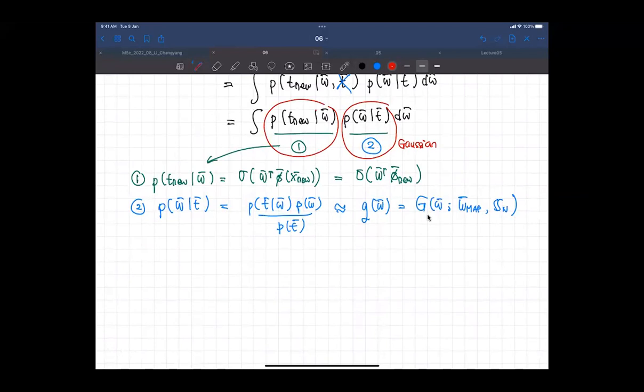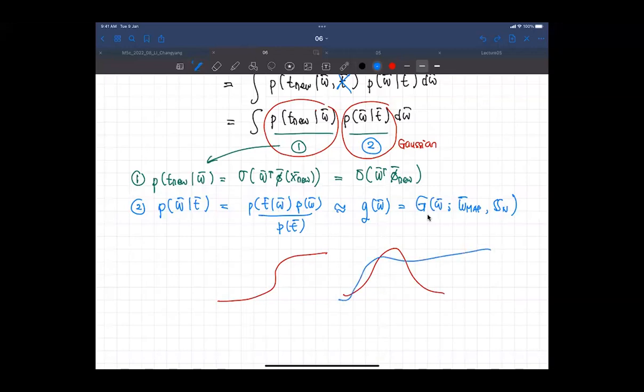It is a sigmoid. This becomes a problem because the sigmoid multiplied by a Gaussian, sigmoid is something like this, multiplied by a Gaussian is not really like a Gaussian. It doesn't look Gaussian at all, right? If you multiply these two, it becomes something like that.